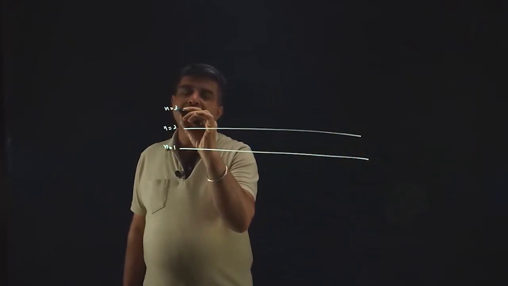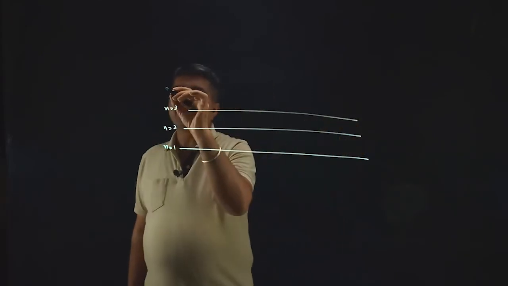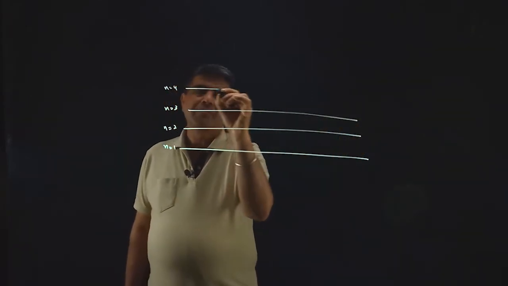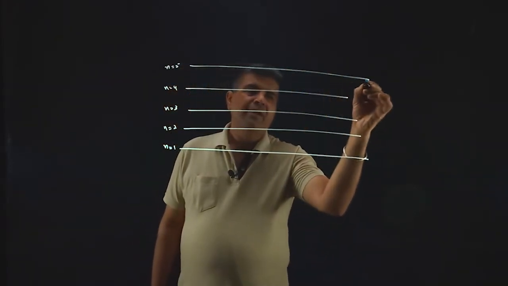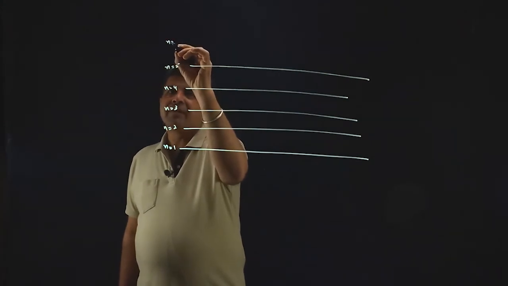Now let us try to understand the line spectrum for the hydrogen atom, which Bohr explained. According to Bohr, the energy levels or quantized levels can be the first energy level, then the second, then the third, similarly fourth, fifth and sixth energy level.